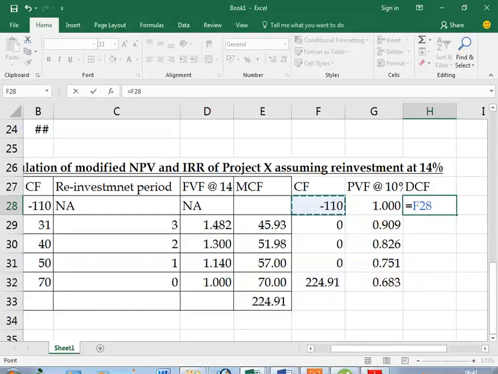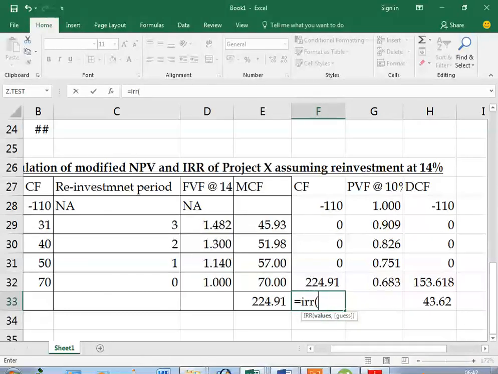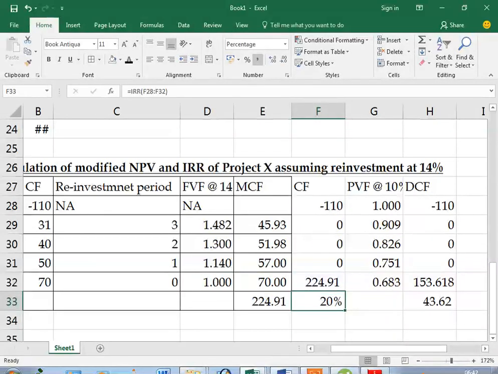Instead of working with the cash flows which they have given, we have altered the cash flows and got new cash flows for our purpose, and this is called modified NPV. 43.62 is called modified NPV. For want of time, I am going to calculate IRR directly here. IRR is 19.58.